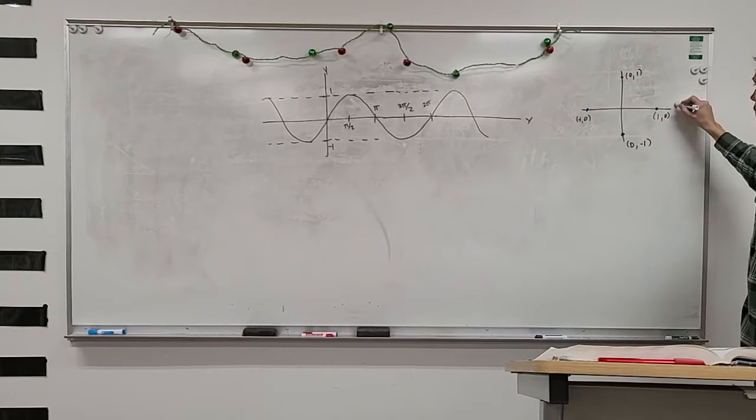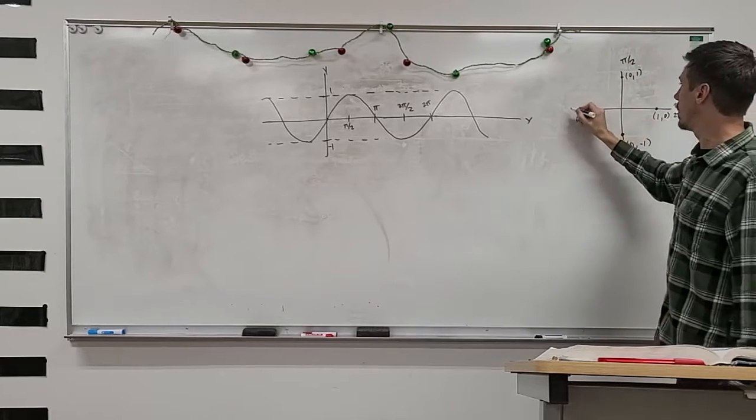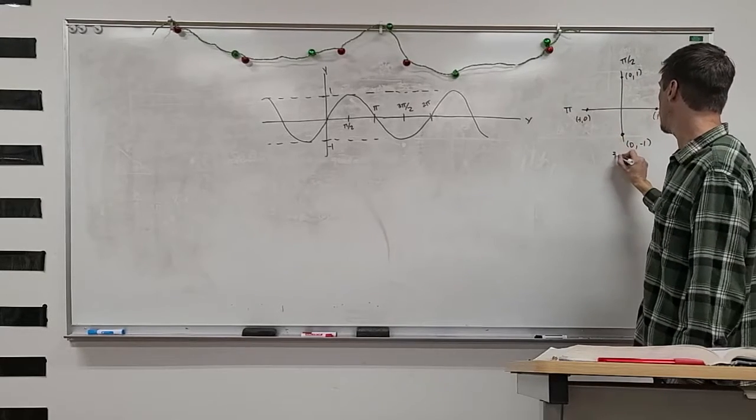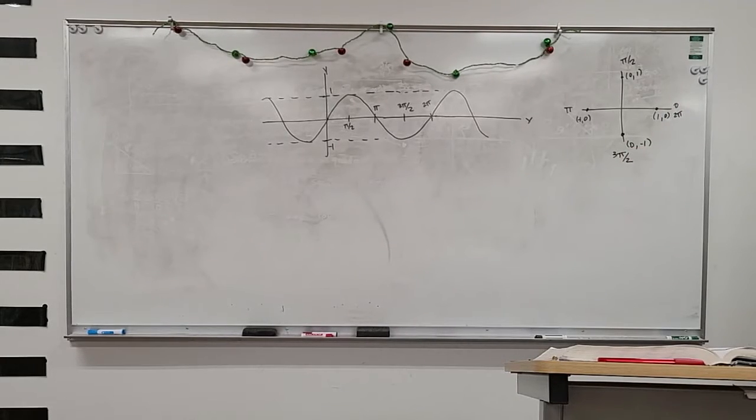And this is 0 or 2 pi, this is pi halves, this is pi, and this is 3 pi halves. So sine corresponds to which coordinate? Y. So if you think about that, when x is over here at 0, what's my y coordinate? My y coordinate is 0.